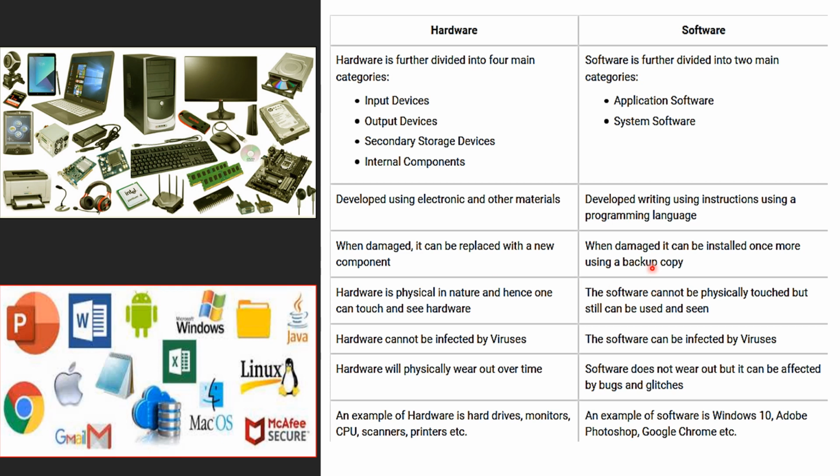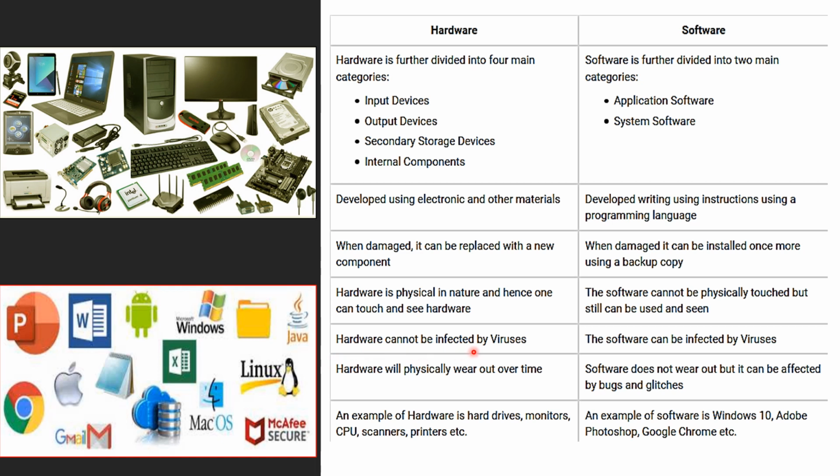When anything happens to it, it can be installed once again using a backup copy. We can replace it. Hardware is physical in nature, and hence one can touch and see the hardware. The software cannot be physically touched but still can be used and seen.